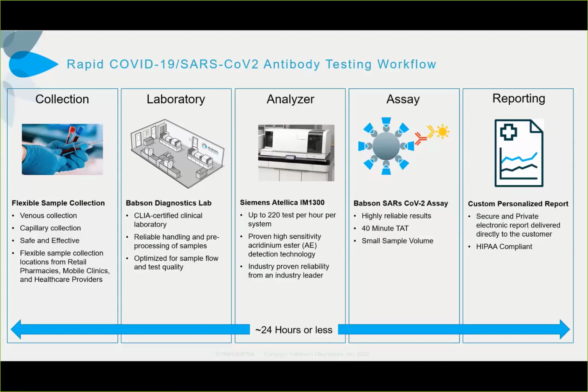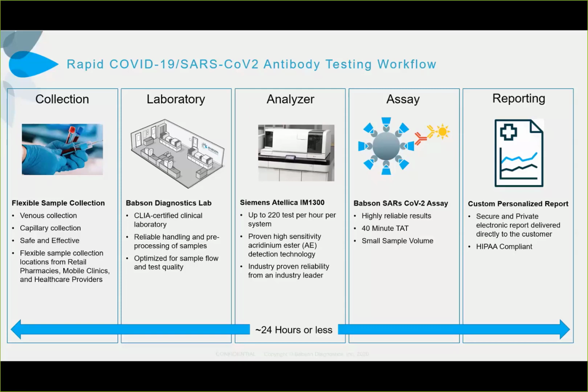For our SARS-CoV-2 antibody testing, we feature that on the Siemens Atellica IM platforms. It's capable of performing up to 220 tests per hour with the current format of our SARS-CoV-2 antibody test. This platform offers proven high sensitivity acridinium ester detection technology. It's been on the market for many, many years.